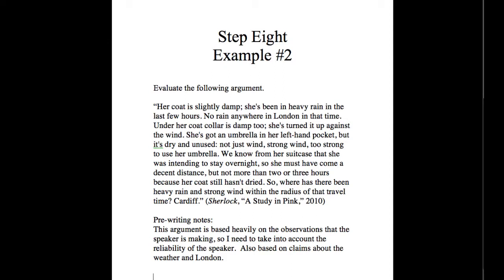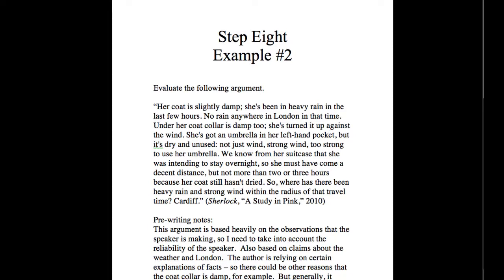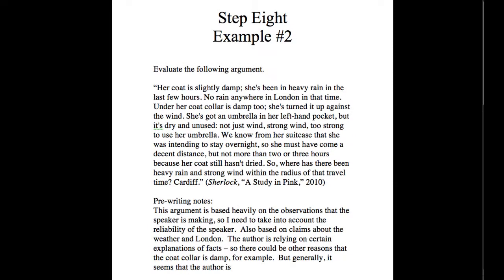So do I think that the fact that the under the coat collar is damp, she's turned it up against the wind, there seems to be the author is relying on certain explanations of facts. So there could be other reasons that the coat collar is damp, for example. But generally, it seems that the author is choosing the most likely explanations for the phenomena.